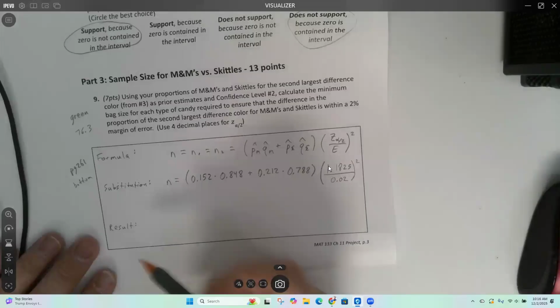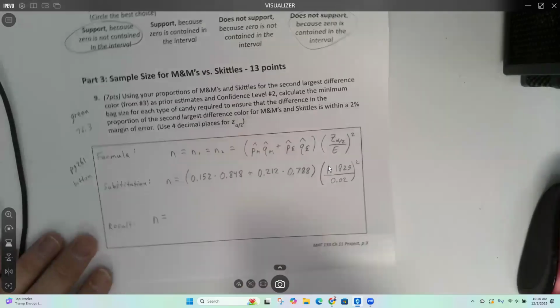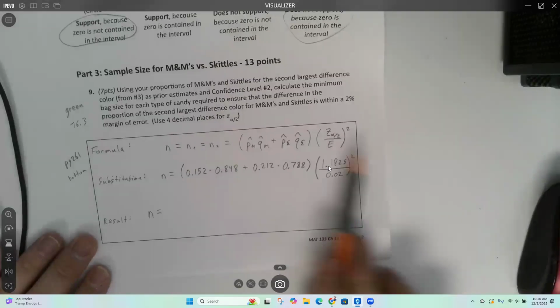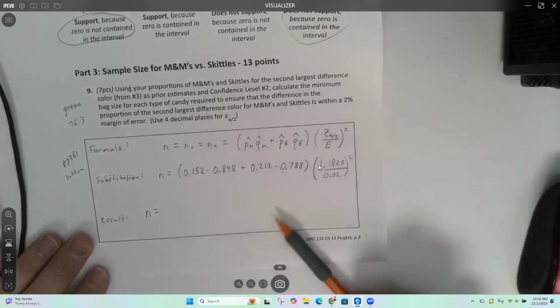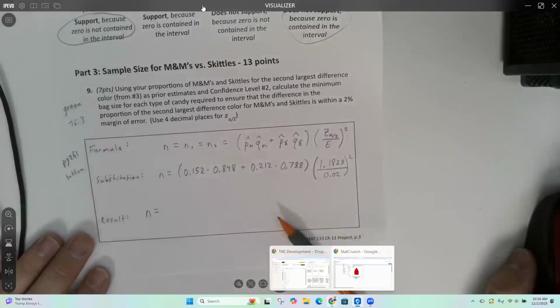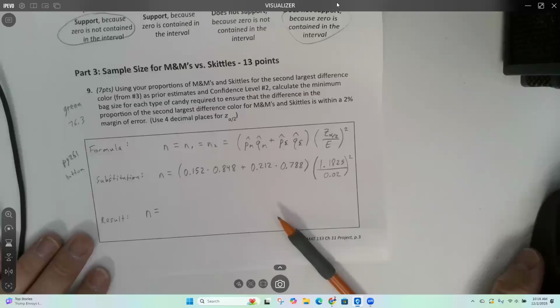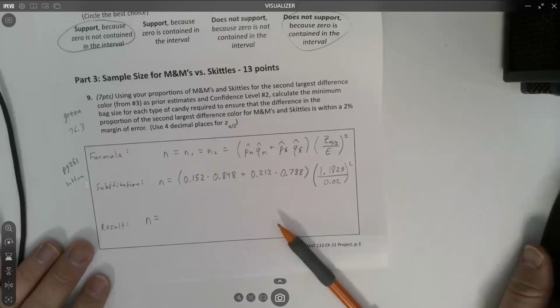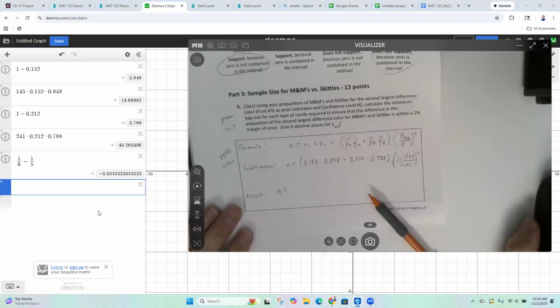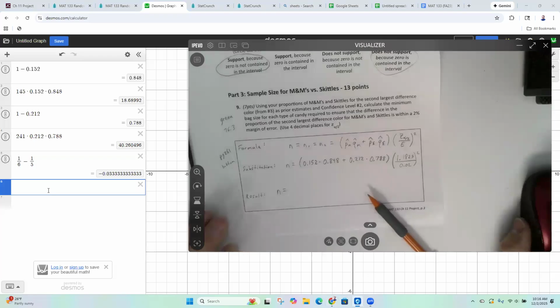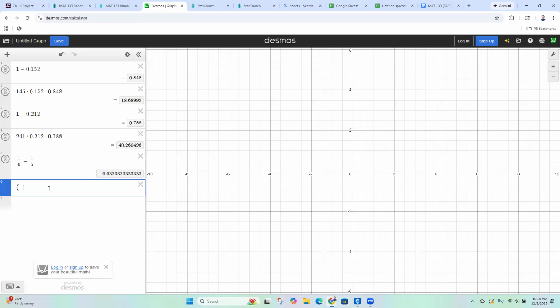So now I've got this. I needed to calculate my result, so I'm going to put all this craziness into StatCrunch. The parentheses are all in the right spot for you.